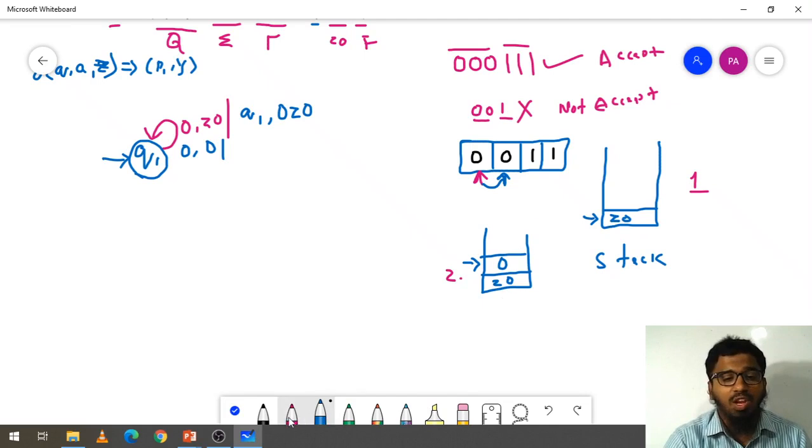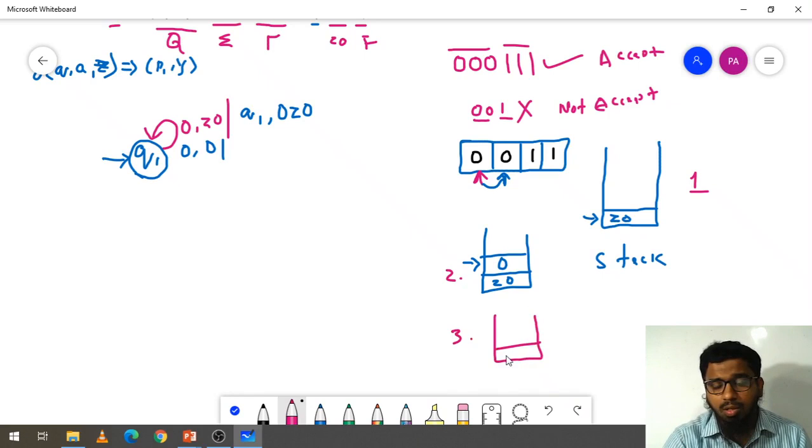In the same way, we need to add in the stack. Z0 will be the same, and we need to remove and add this 0 and this 0. Here we need to remove, and here the pointer will be 0. After removing this 0 and again adding, whatever we are adding we need to write here.